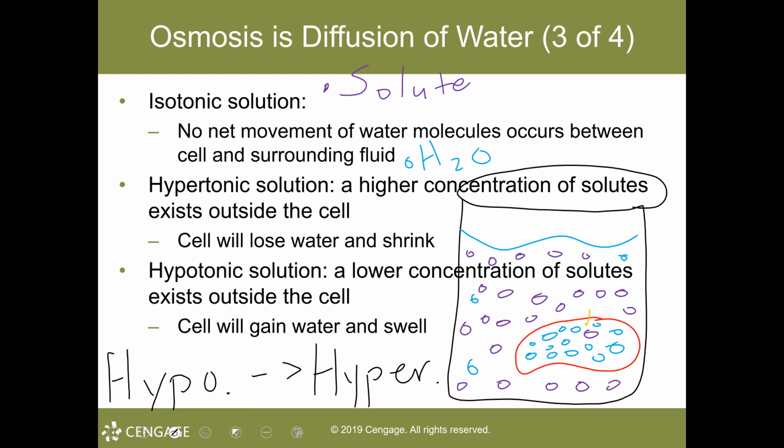So if you can see it now, class, yes, it is, class, that the cell will lose water and, of course, begin to shrink because water molecules, class, will exit that cell. Water molecules will exit the cell. The cell, class, will then shrivel up. It will begin, class, to shrink. And it's all because, of course, it's within that hypertonic solution. Class, this is very important for you all to know.